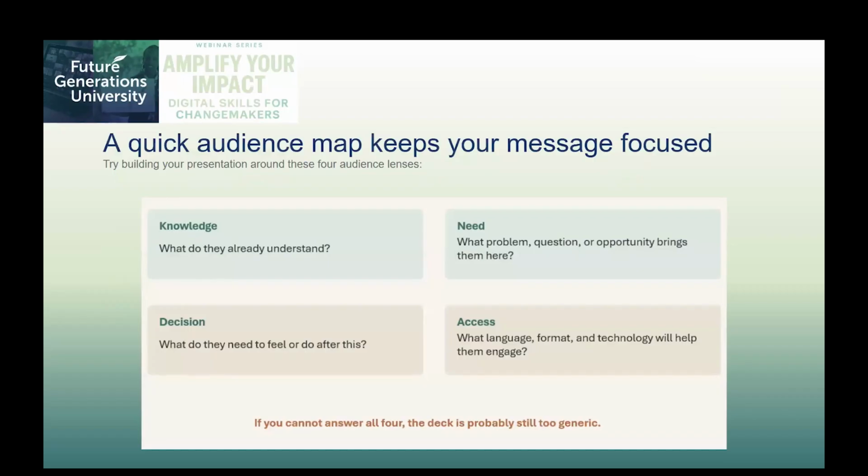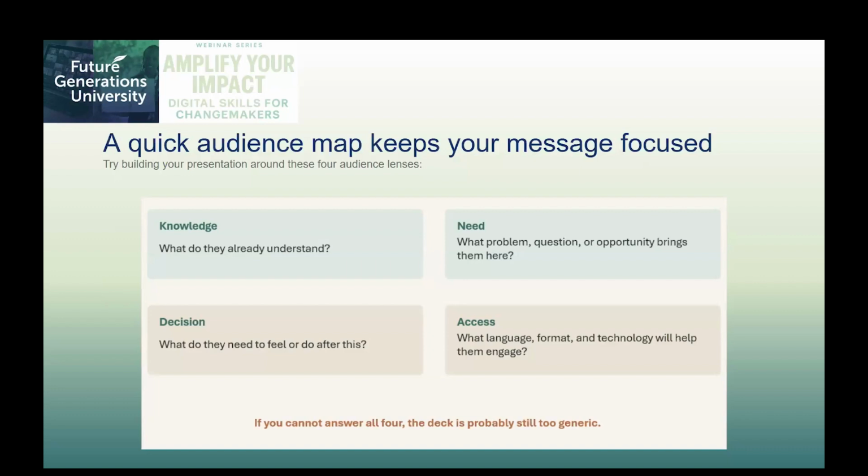Depending on how we are delivering this message, one way that we can do that is by utilizing an audience map or a message map. And knowing what needs to be delivered for your audience in these 4 boxes is a really good place to start.